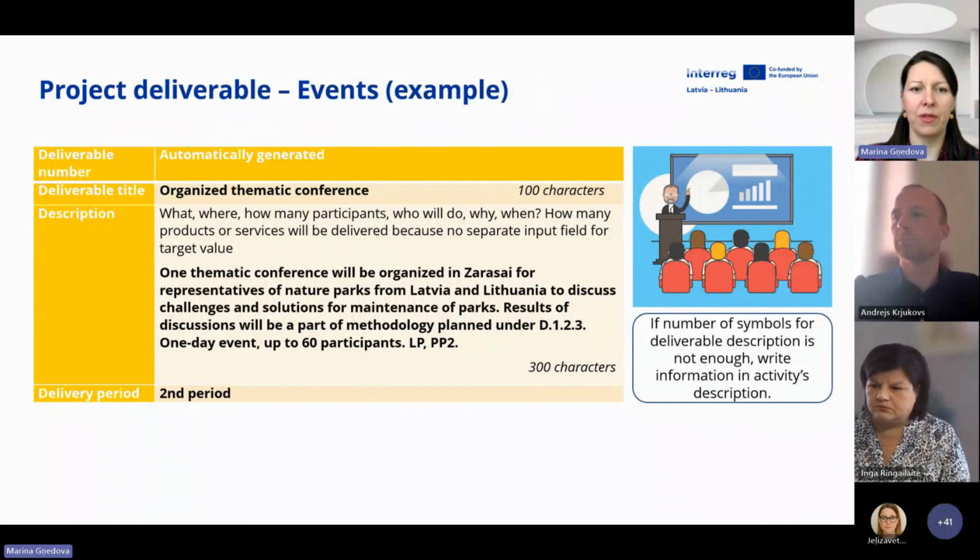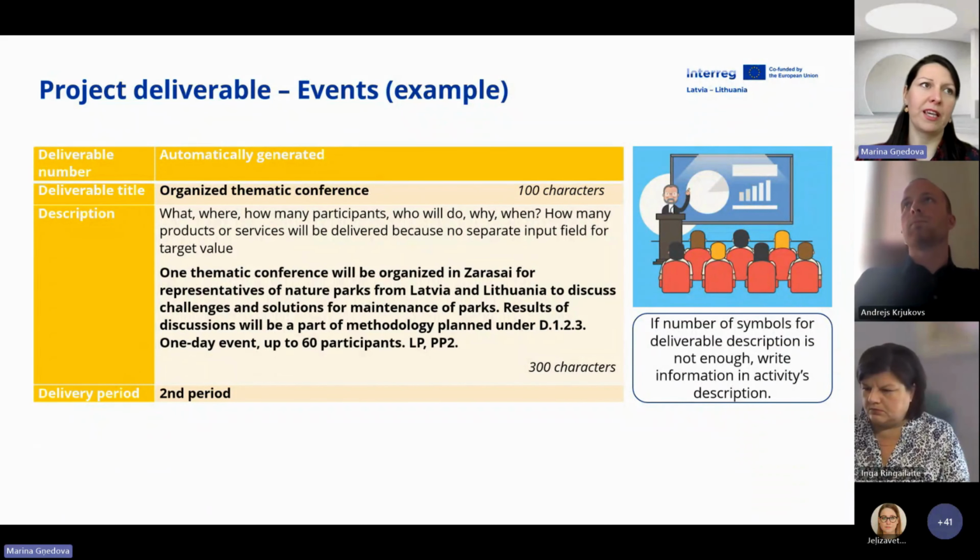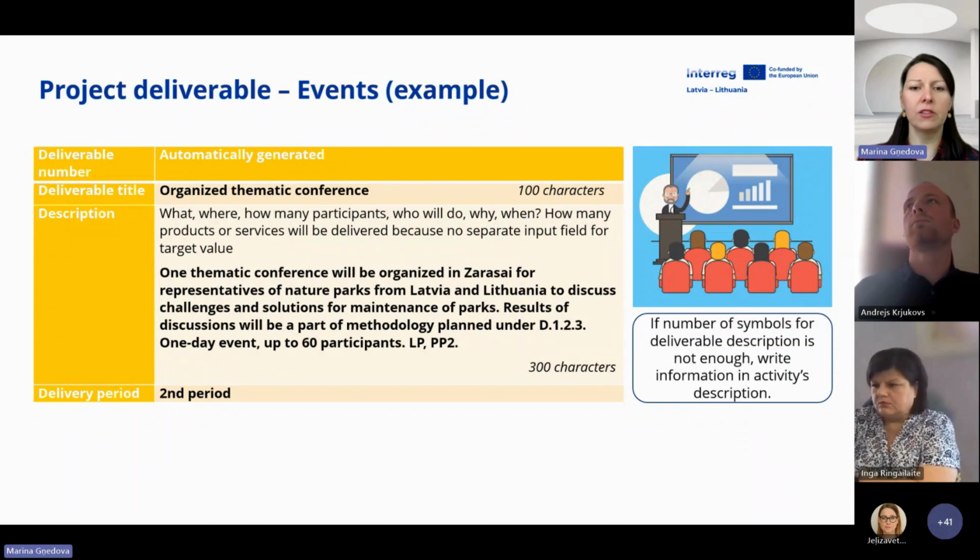I informed before that some thematic conference would be organized, so the deliverable is an organized thematic conference, and in the description please specify what will be done: the conference, where, in Zarasai, how many participants, up to 60 participants. I put up to because not always can you be sure how many participants will come, but still for assessment, for coverage of the target groups, we need to know this information.